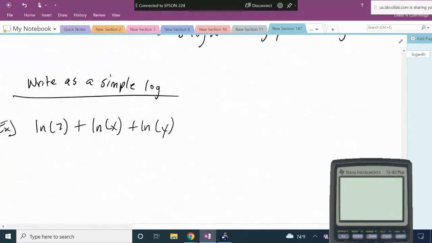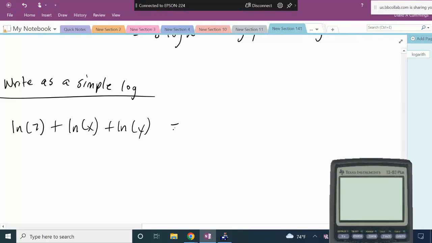So I can rewrite the natural log of 7 plus the natural log of x plus the natural log of y as the natural log of 7 times x times y. Right? I can rewrite each sum as a product.